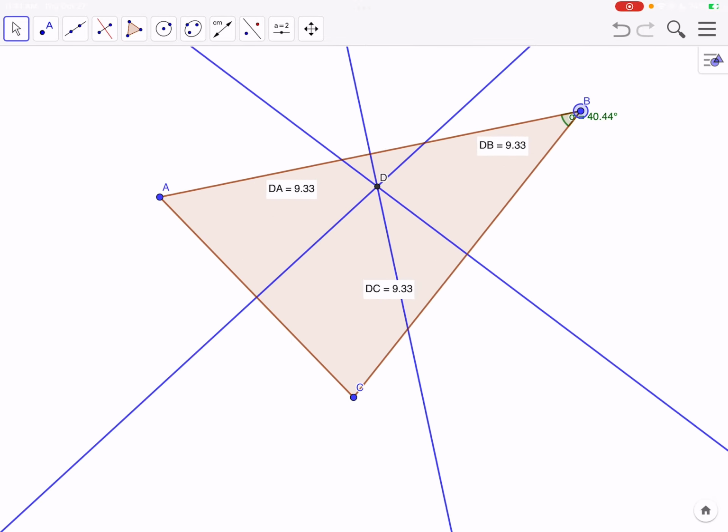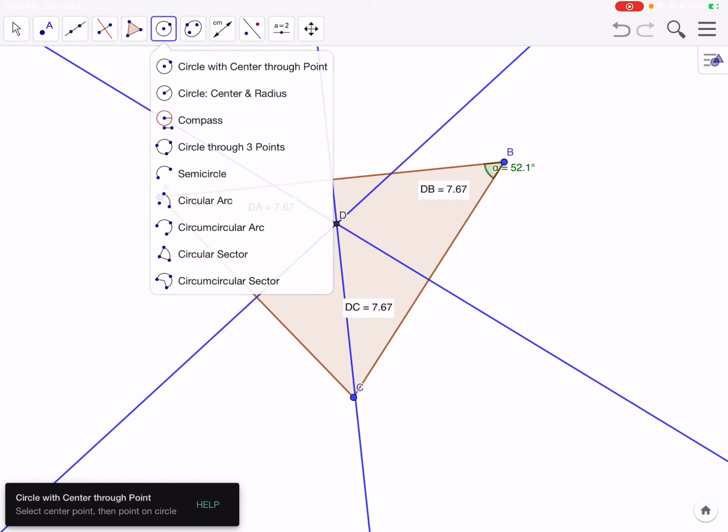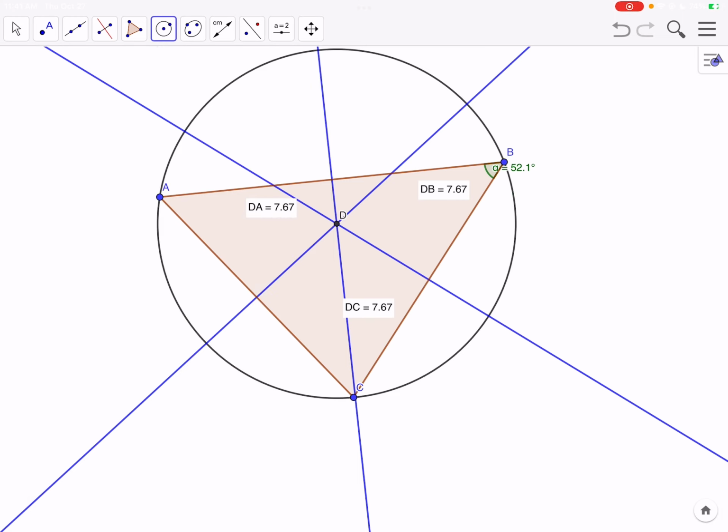It doesn't matter what I do, they're going to be equal to each other. So those distances are all the same length. That means if I make a circle and go from the center to the vertices, it's going to be a circle that goes through all three vertices.